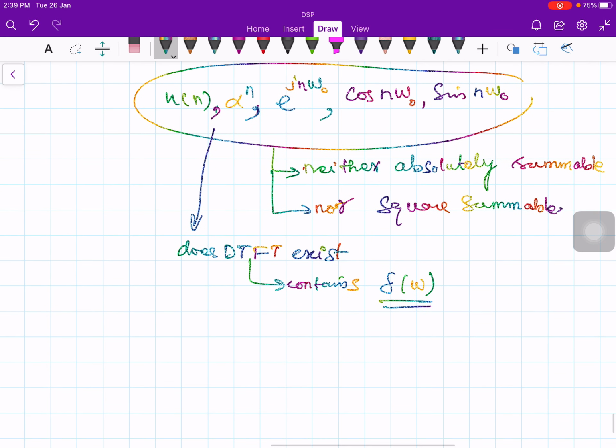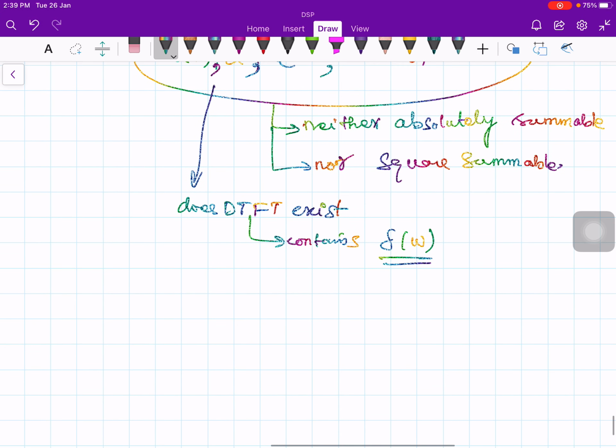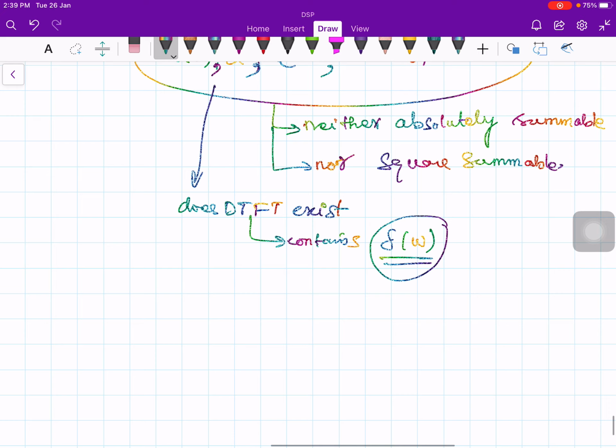So once you admit the existence of this del of omega function, then they are discrete time Fourier transformable, and for an engineer whatever works is good. Therefore, if you take the help of this analog delta function del of omega, a large range of functions are discrete time Fourier transformable.